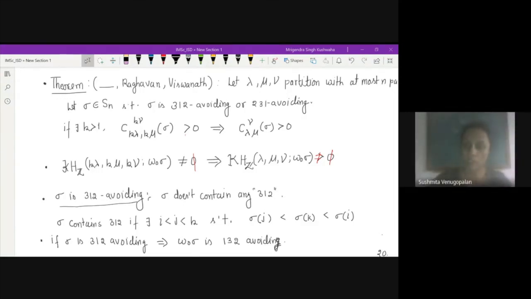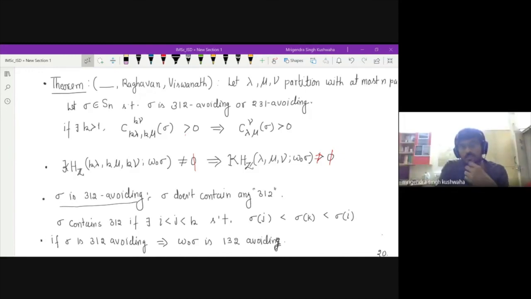Digjoy's question is, do we have a rule for computing the refined Littlewood-Richardson coefficient in terms of Littlewood-Richardson tableaux? Yes, we do. This sigma you can interpret in the Littlewood-Richardson tableau also. You know that the Littlewood-Richardson tableau corresponds to a tableau of shape mu, or lambda, whichever you prefer to take.